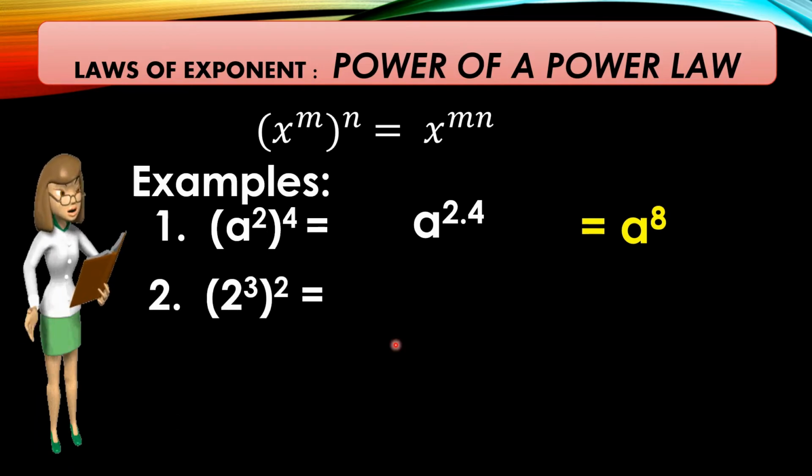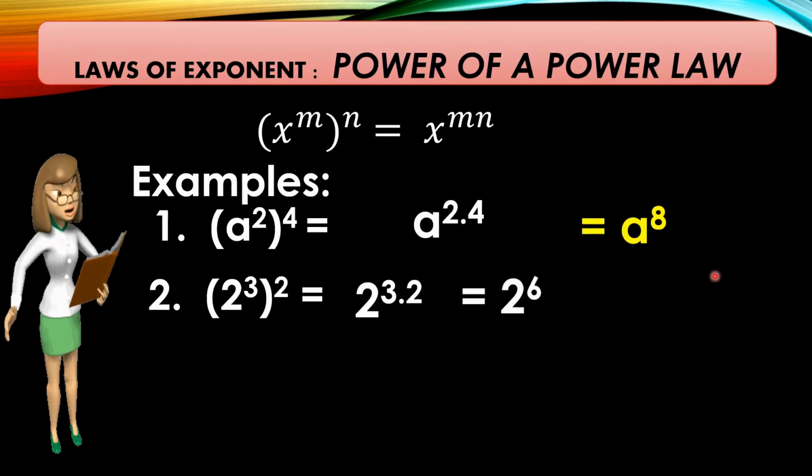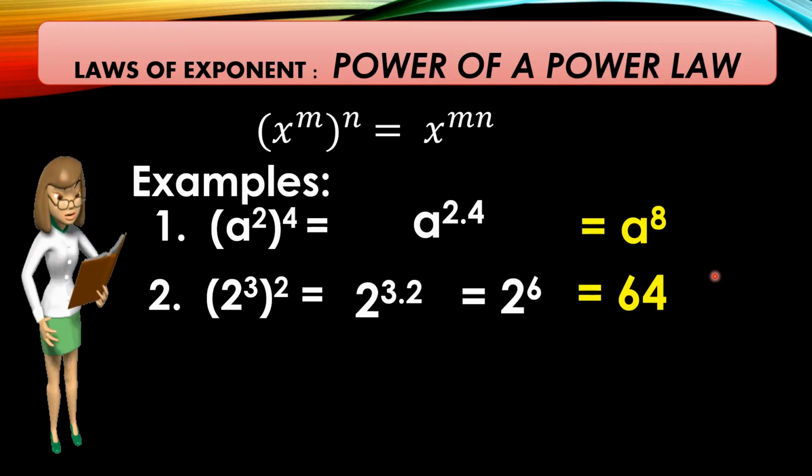Second, 2 cubed quantity squared is equal to 2 raised to 3 times 2, and 3 times 2 is 6. So 2 raised to 6, meaning you have to multiply by itself 6 times. So we have 2 times 2 times 2 times 2 times 2 times 2, and the answer is 64.